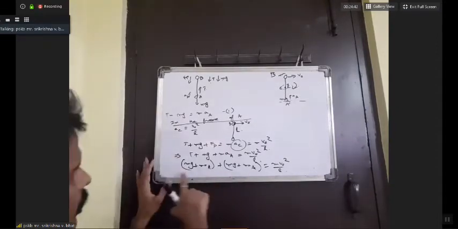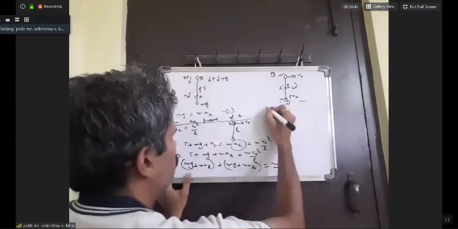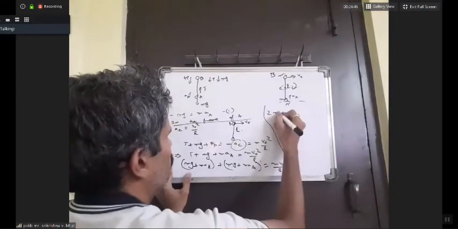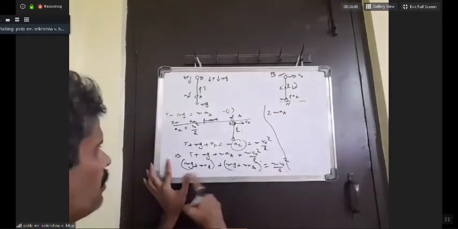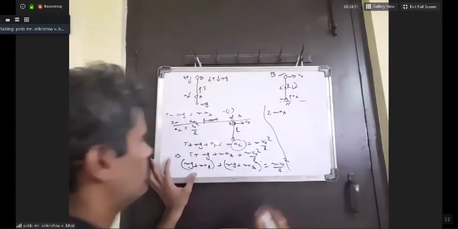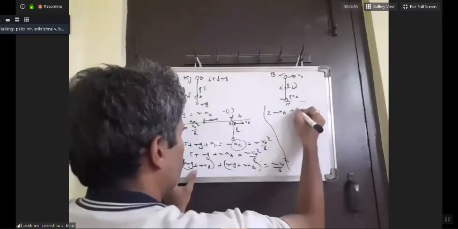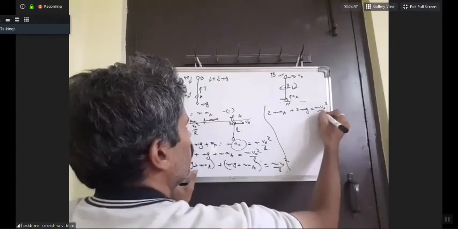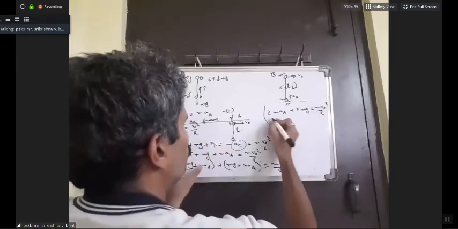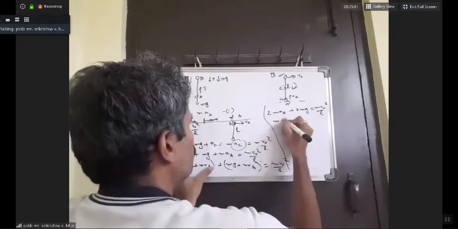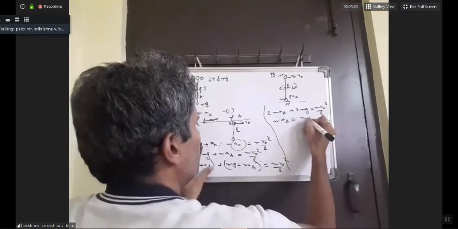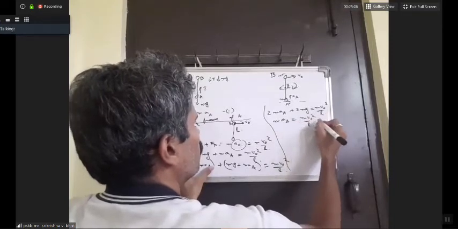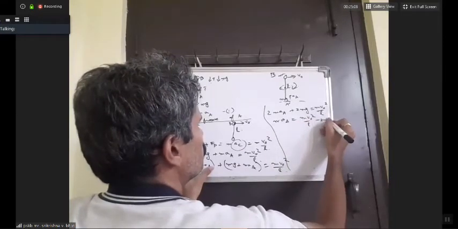Clear? Right? So now you can write 2 ma plus 2 mg should be equal to m v0 square by L. So you can also say that m into A should be equal to m v0 square by L minus 2 mg.